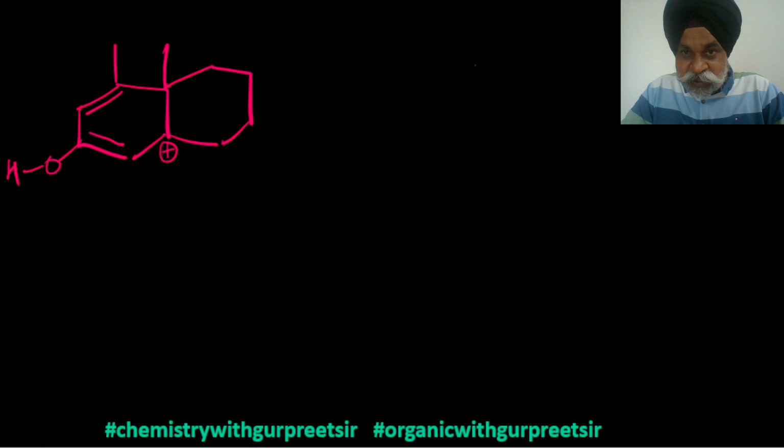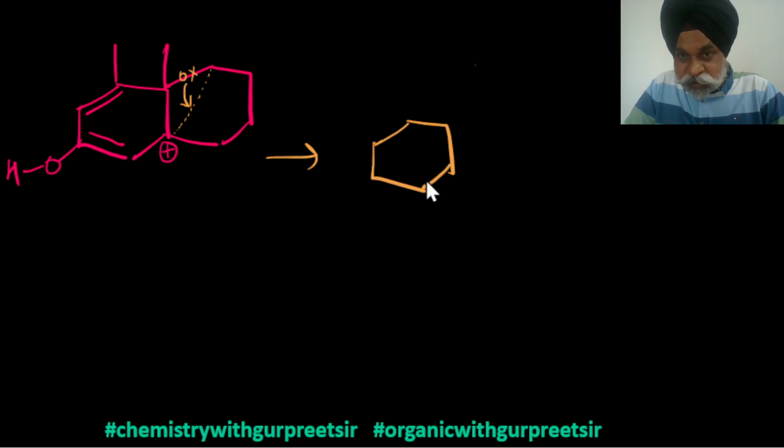Now, let me do the ring contraction, because this is what is being suggested by the examiner. If I do the ring contraction, what then? Let's check this out, if I could get something out of it. If I do a ring contraction of this type, where should I reach?